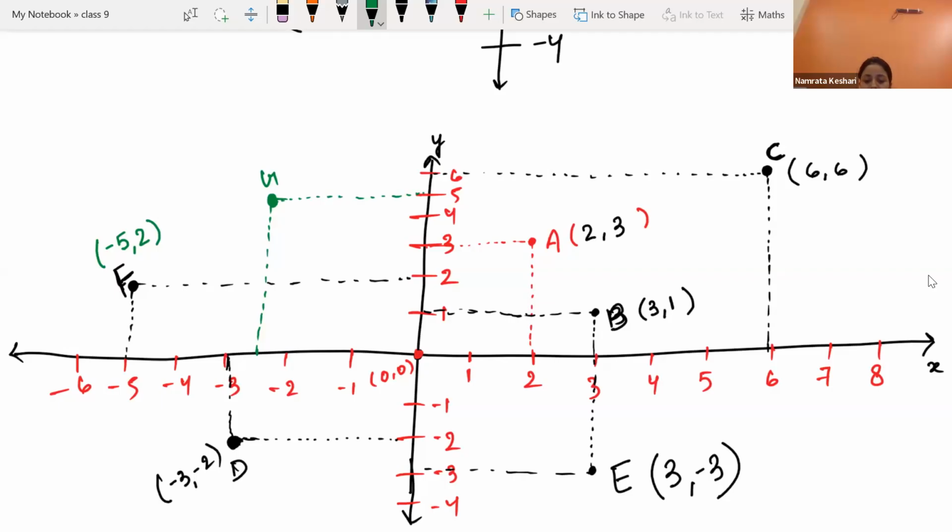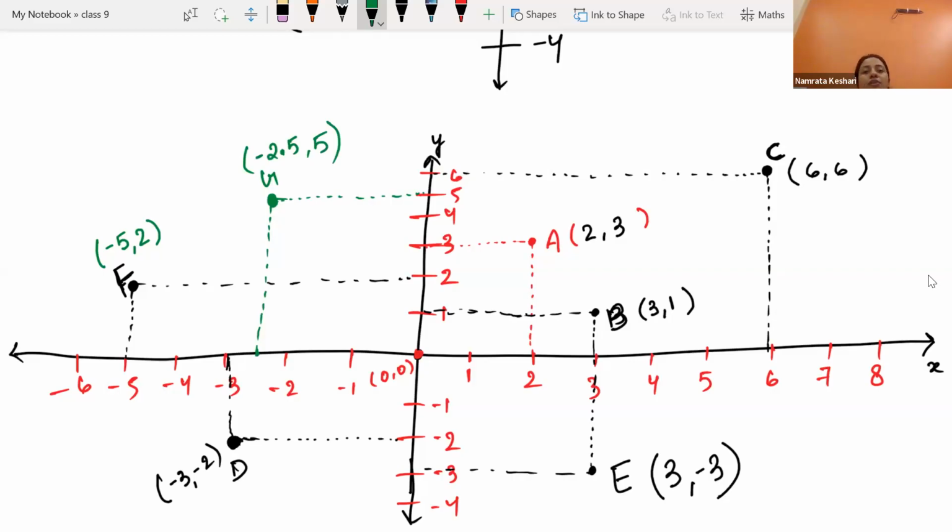What will be the coordinate of a point G? -2.5, comma 5. Yes, -2.5, because as I said, if I'm taking a point in the middle, I'm just trying to show you it is exactly the middle. Okay, comma 5.